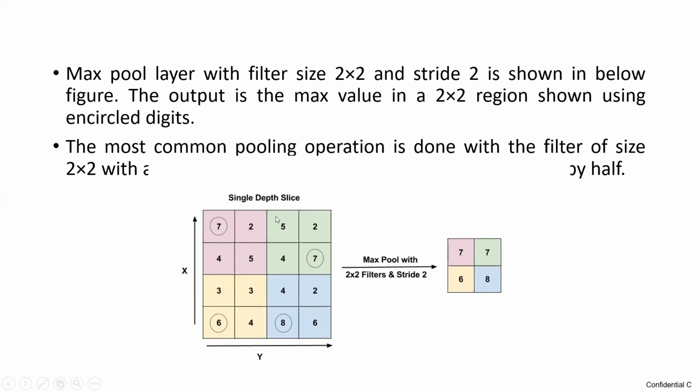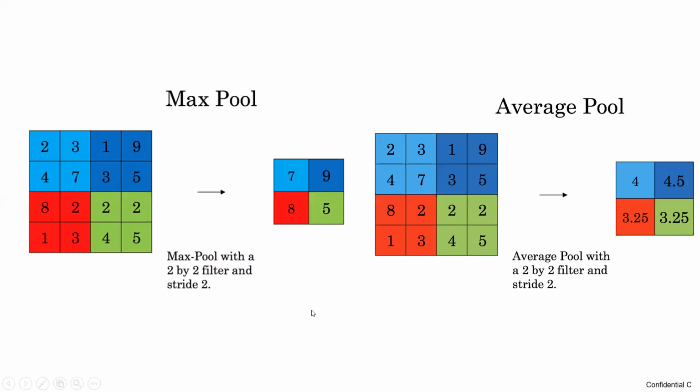So from the 4 cross 4, the output feature map from the max pooling layer is 2 cross 2. Max in the sense that we take whichever has the maximum value out of the 4 pixels. There is the other way also, where we can use the average pooling layer, take these 4 pixel values and take an average of that. But the most used and preferred approach, which gives better performance, is the max pooling layer.